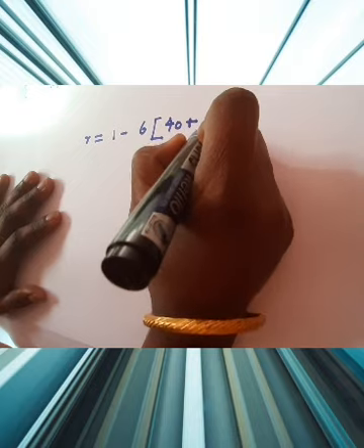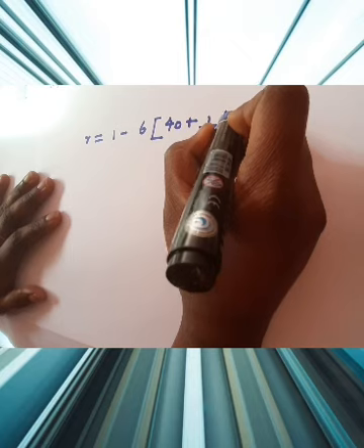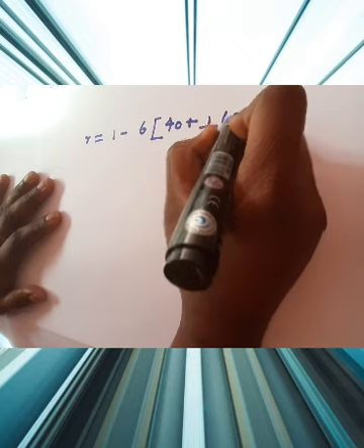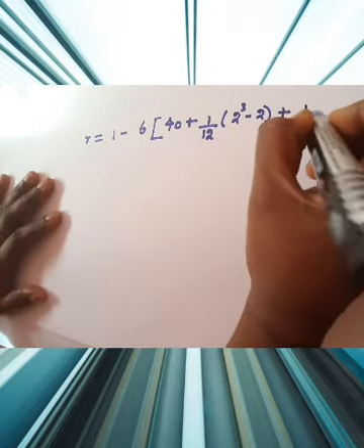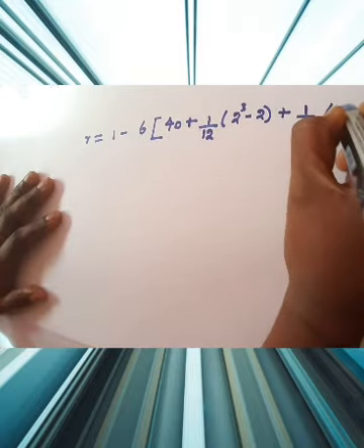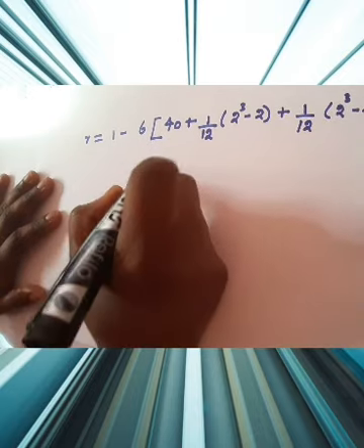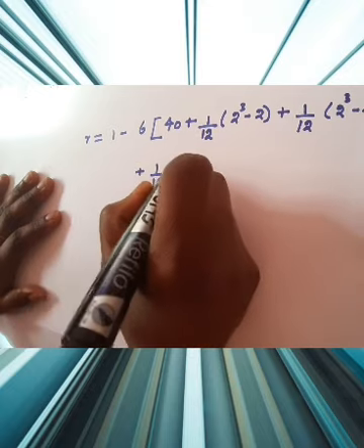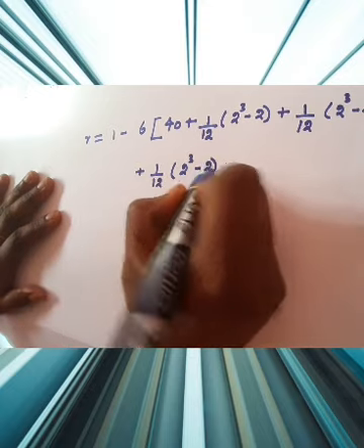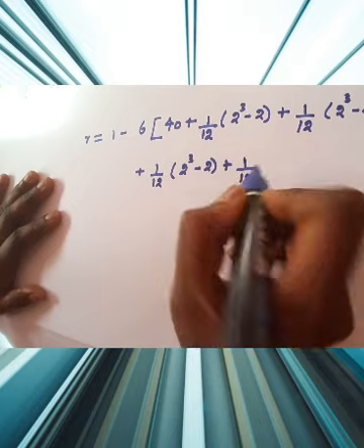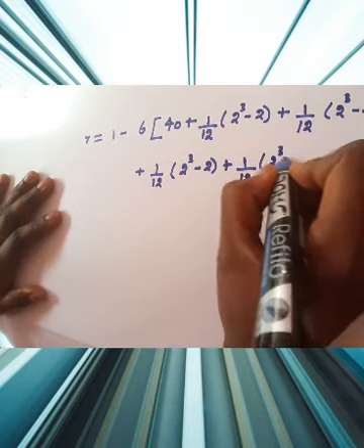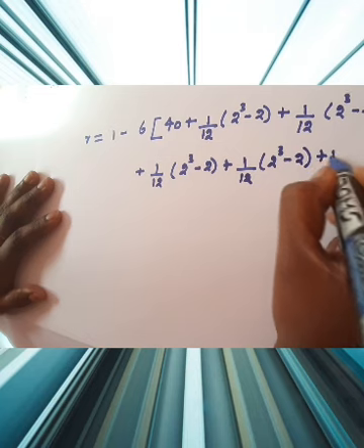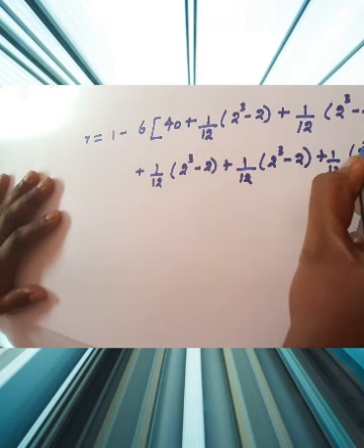So 1 by 12 times m1 cube minus 2, what is m1? m1 we got is 2, so 2 cube minus 2, correct? 1 by 12 times, again m2 is 2 cube minus 2, plus 1 by 12 times 2 cube minus 2, plus 2 cube minus 2, plus 1 by 12 times 2 cube minus 2.